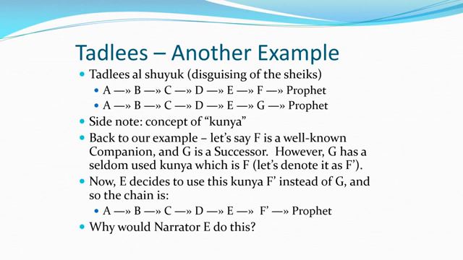And so he then confuses the listener into thinking that he actually narrated from the more famous companion F, because that makes the chain of transmission stronger. I hope you were able to follow that, because when the reader hears that the hadith came from F, he will assume that this is the well-known companion F, like for example Abu Bakr, rather than the seldom used kunya F prime of successor G.